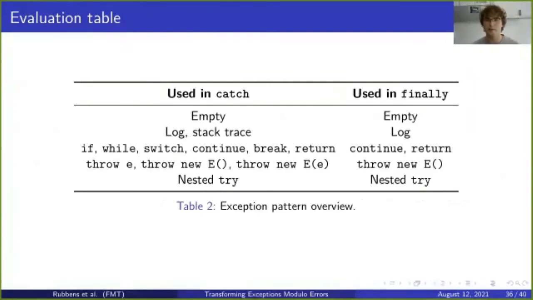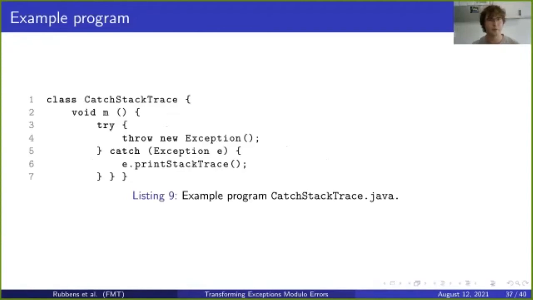And on the right-hand side, you see all the language elements that occurred in finally clauses. And what we have done is for each of these elements, make a small test program and try to verify them with Faircore. So this is one example. This is the example that a stack trace is used in a catch clause. And we are very happy to conclude that Faircore can analyze all the examples that we listed in the table.